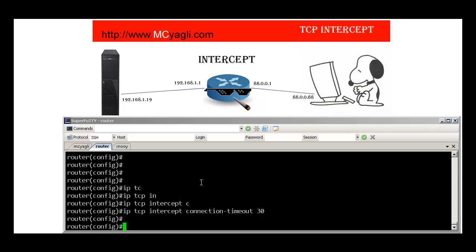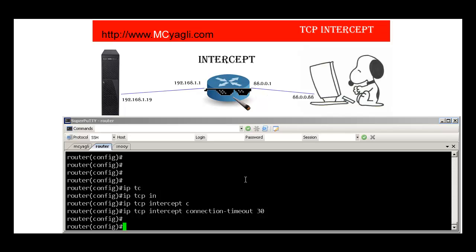By default, the router will manage a connection for 24 hours after no activity, meaning TCP Intercept will close any connection that has been open for 30 seconds, because I said 30, with no activity. This is the amount of time TCP Intercept maintains an inactive connection. And then this router will send a reset packet, I think to both sides.